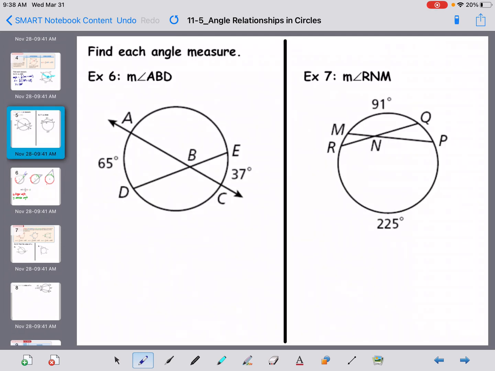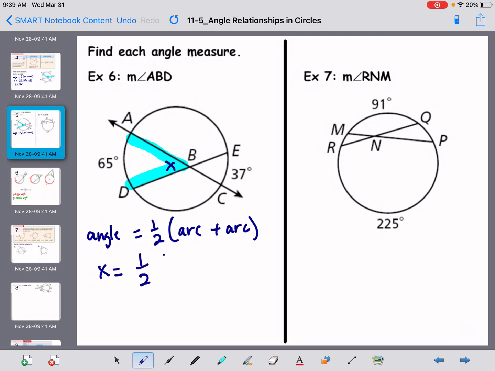All right, now I'm looking for ABD. So that should be angle equals half of the arc plus the arc. So the angle is x because that's what I'm looking for.